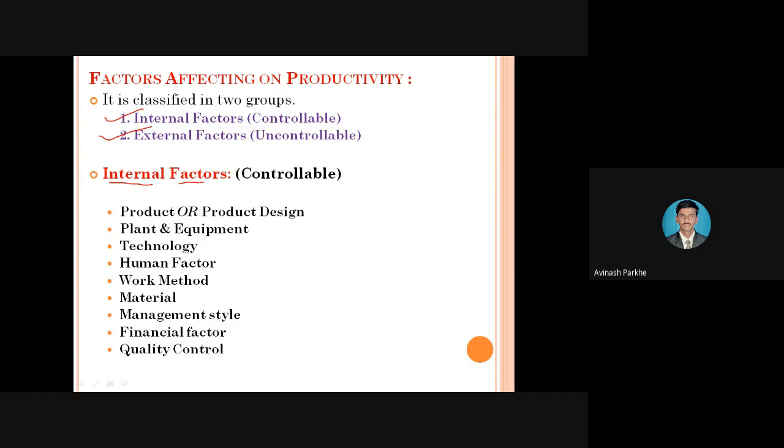But which type of product we are making, whether it has enough quality, or enough utility in the market, we have to decide based on this. Because sometimes we manufacture the product, but it is not accepted in the market. Why? Because there is not that much use for that particular product.